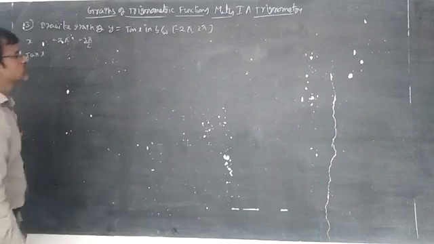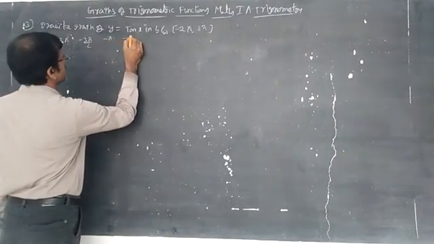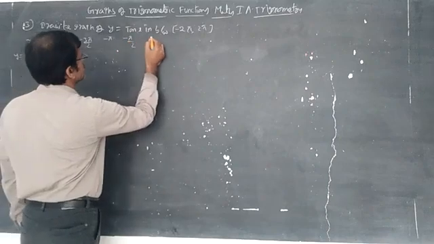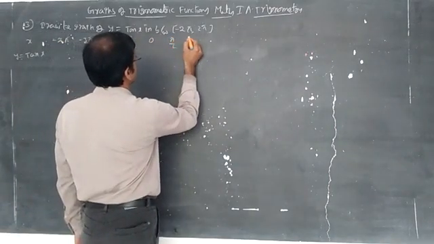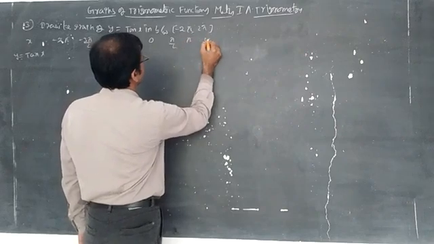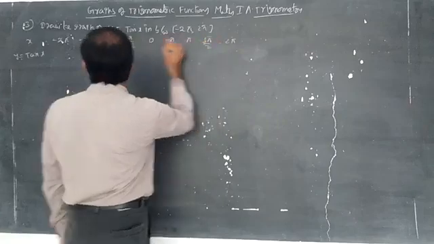Take the gap pi by 2: minus 2 pi, minus 3 pi by 2, minus pi by 2, this is 0, pi by 2 and pi, 3 pi by 2 and 2 pi.